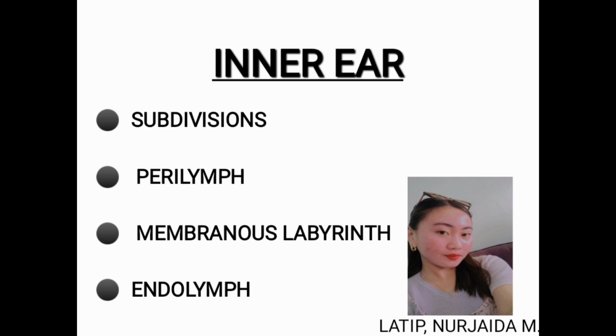Within the bony labyrinth, in the perilymph, is a membranous labyrinth, a system of membranous sacs that more or less follows the shape of the bony labyrinth. The last one is endolymph. The membranous labyrinth itself contains a thicker fluid called endolymph.